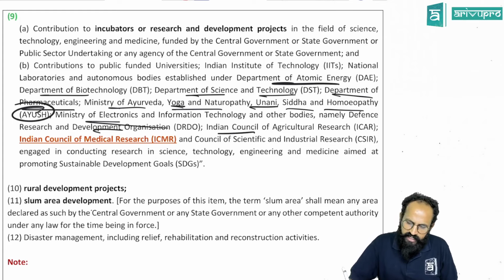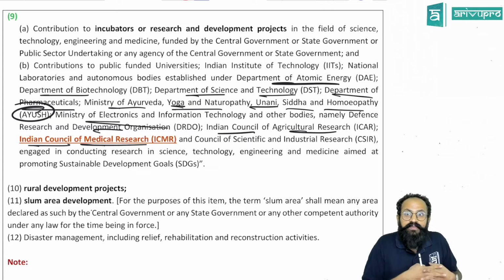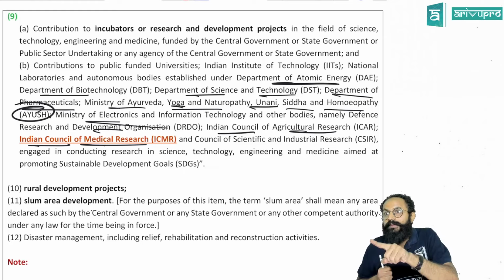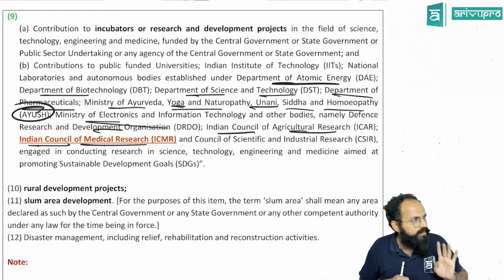Indian Council of Agricultural Research, Indian Council of Medical Research. So if you are doing it in collaboration, only then, even if it is your ordinary course of business, you can claim it as CSR expenditure.